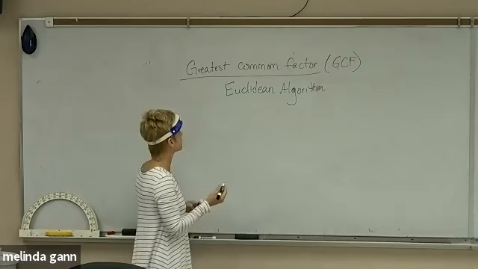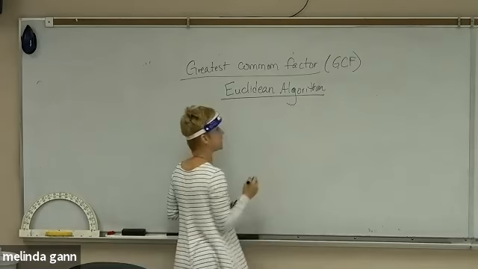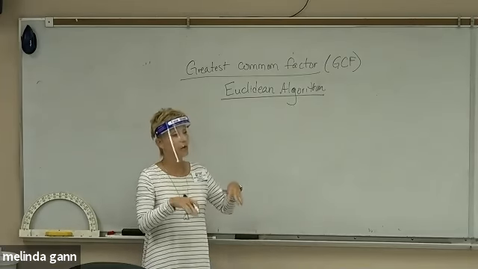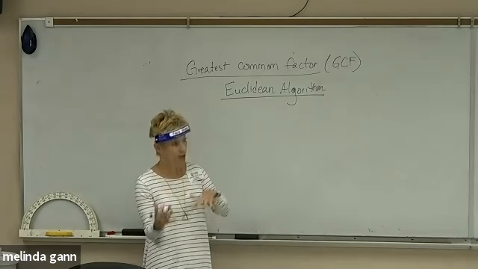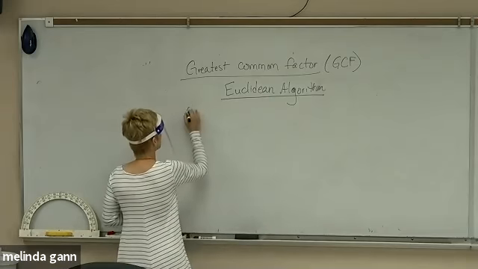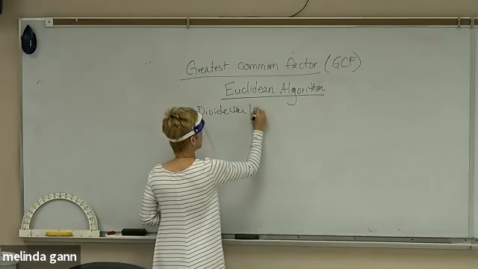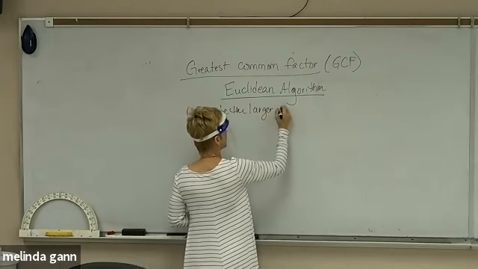Now, I'm going to write the steps down, and they're not going to make a lot of sense until we do them. But I want them written in your notes first so you can follow the steps when we're doing it. The first thing you're going to do is divide the larger number by the smaller number.